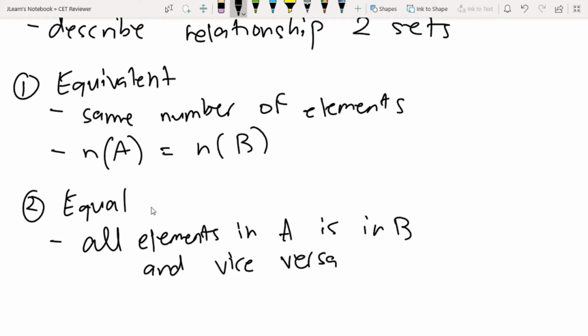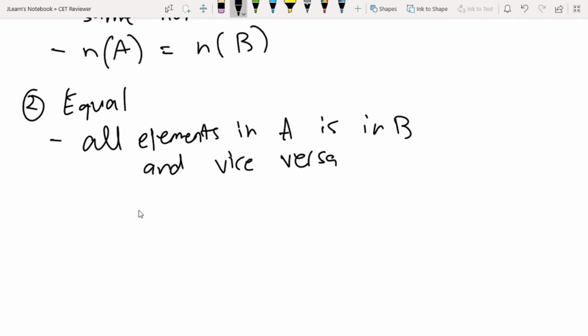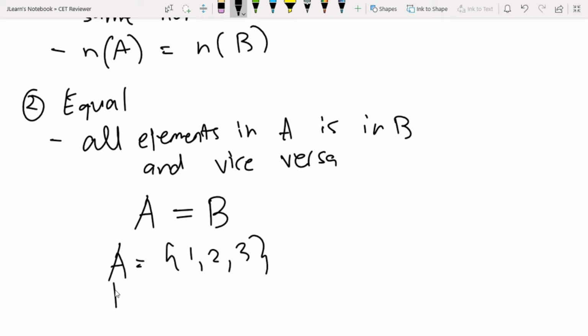Basically, all elements of A are in B and all elements of B are in A. For example, A contains 1, 2, 3, and B contains 2, 1, 3. All elements are the same, so A and B are called equal sets. Okay?